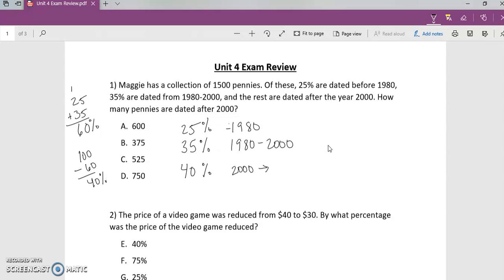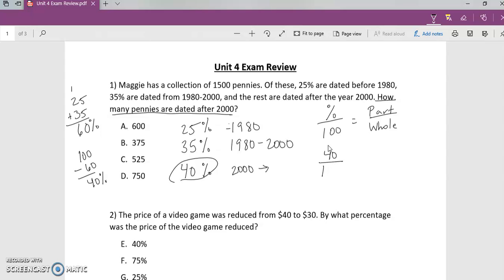So it asks, how many pennies are dated after 2000? So let me set up my proportions. Percent over 100 equals the part over the whole. So the percent is 40%.